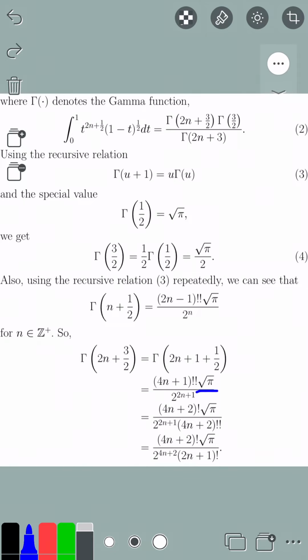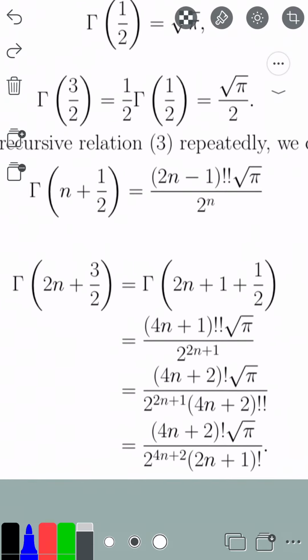I'm going to zoom in on this, it's a little too small. So 4n plus 1 double factorial, that is 2 times 2n plus 1 and then minus 1. So 4n plus 1 double factorial times square root of pi over, well, when we had n plus 1 half, we got 2 to the nth power.